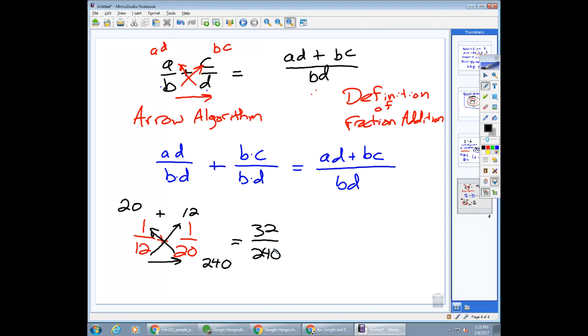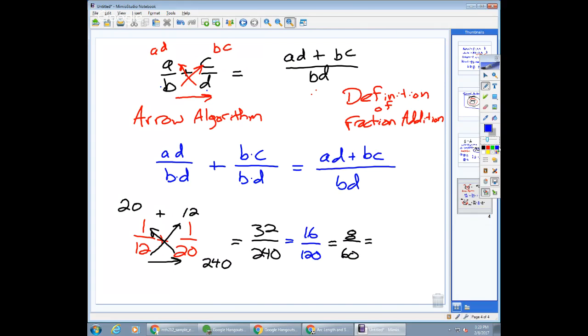Okay, let's see, 2 goes in the top and bottom, right? So I could say this is 16 over 120. They're both still even, so I could take 2 in again. So that would be what, 8 over 60? And I keep trying until I can't anymore.